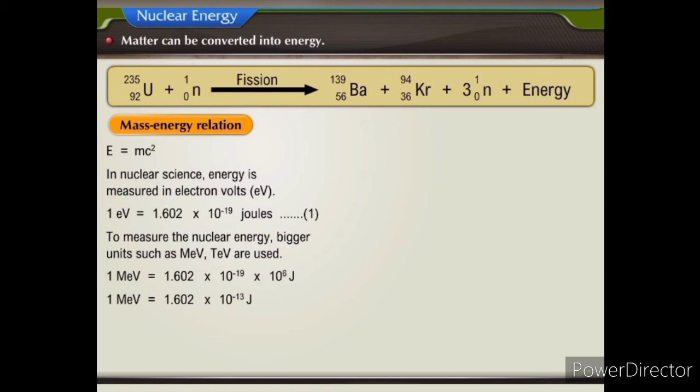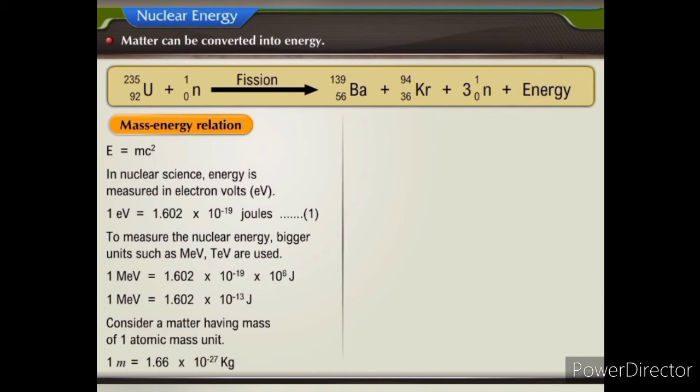Now, let us calculate the amount of energy that would be released when a unit mass is completely converted to energy. Consider matter having a mass of 1 atomic mass unit. We know that the exact mass of an atomic mass unit is 1.66 × 10^-27 kilograms, and the exact value of the speed of light is 2.998 × 10^8 meters per second.